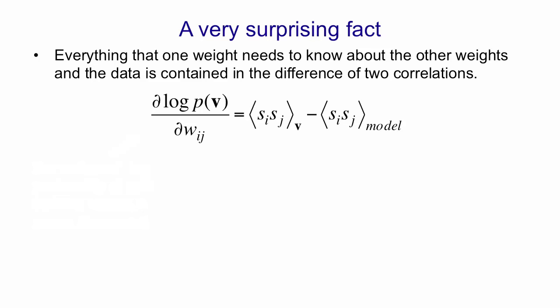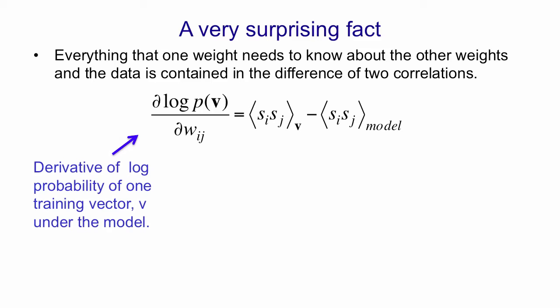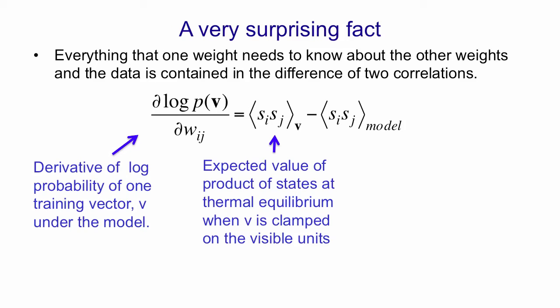Another way of saying that is that if you take the log probability that the Boltzmann machine assigns to a visible vector v, and ask about the derivative of that log probability with respect to a weight w_ij, it's the expected value of the product of the states of i and j when the network settles to thermal equilibrium with v clamped on the visible units.